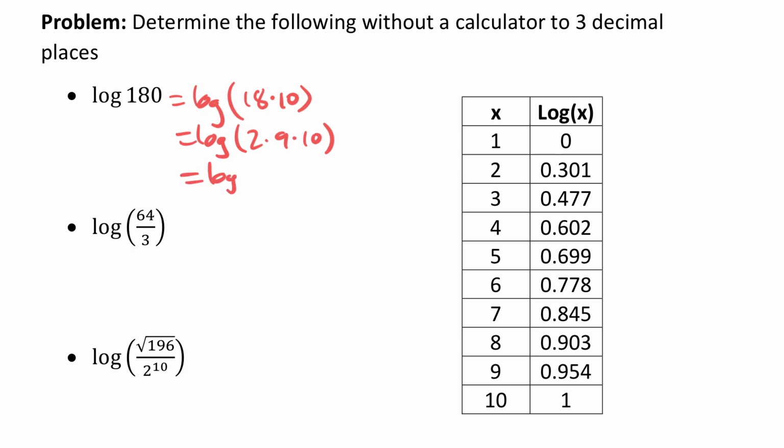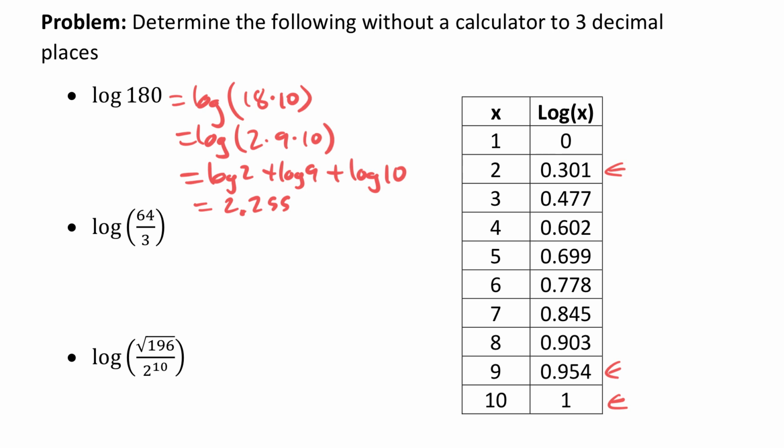So this would be log 2 plus log 9 plus log 10. And then the number 2 is right here. The number 9 is right here. And of course, the number 10, that's just a 1. So we add up all 3 of those values, and we get 2.255.